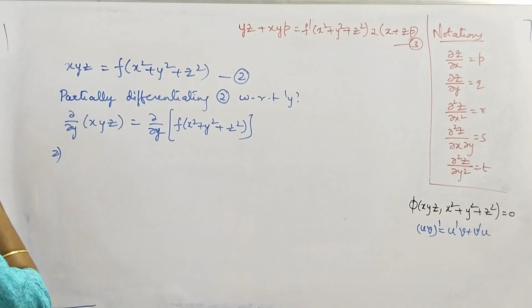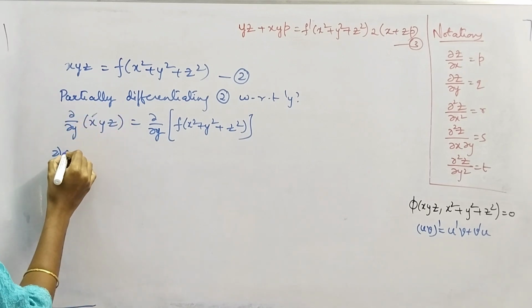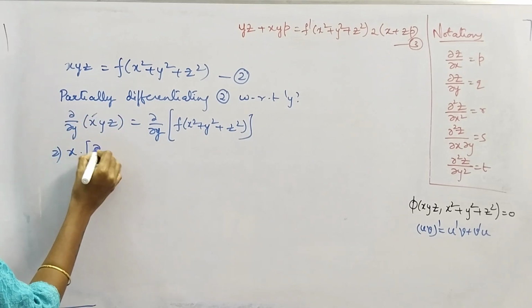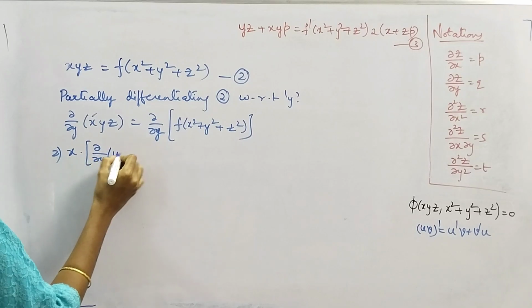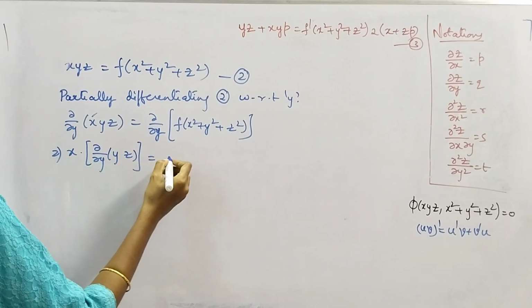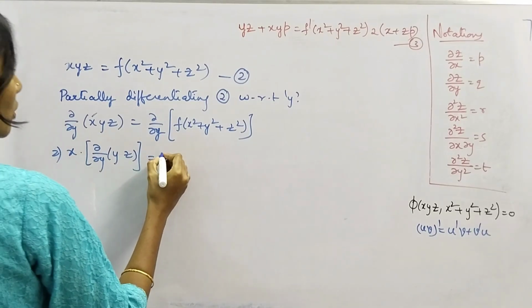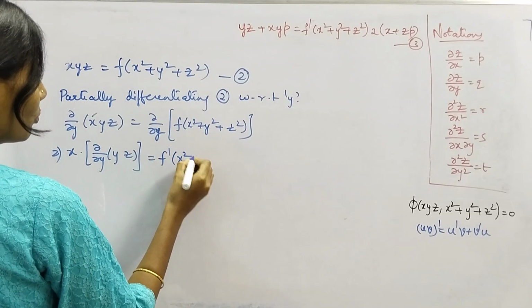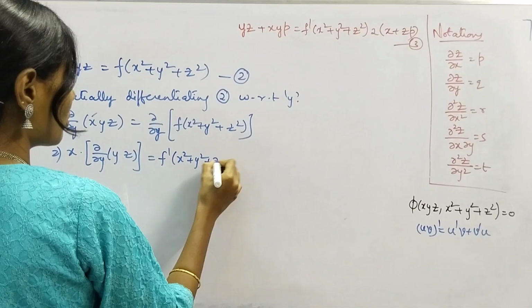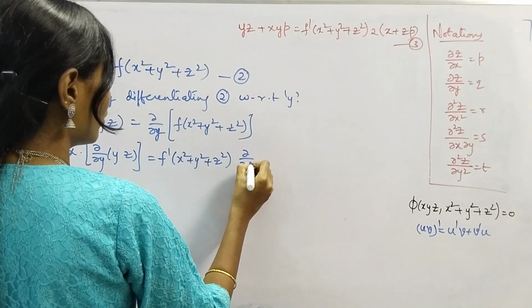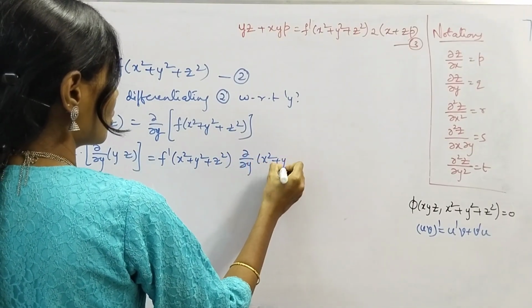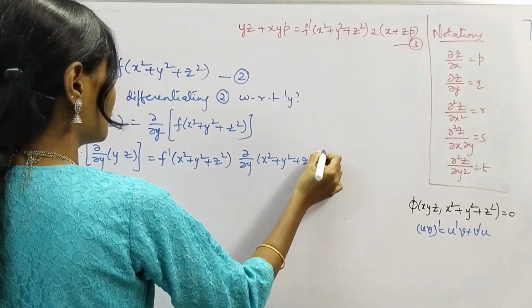Since we are partially differentiating with respect to y, we'll treat x as constant and we can write this as x into the partial derivative of yz. The partial derivative of f of x square plus y square plus z square with respect to y is f dash of x square plus y square plus z square into the inner derivative dou by dou y of x square plus y square plus z square.